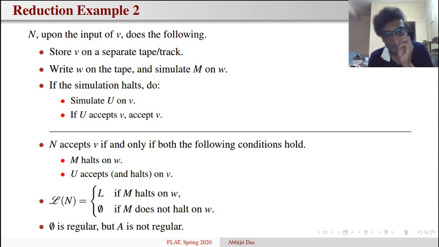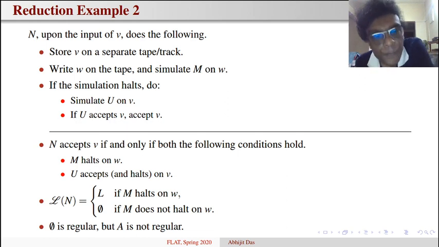Also note that this L is chosen to be a language which is recursively enumerable but not recursive. In particular, L is not regular, L is not finite, L is not context free, L is not context sensitive, L is not recursive. Whereas this empty set is all of this: finite, regular, context free, context sensitive, and recursive.